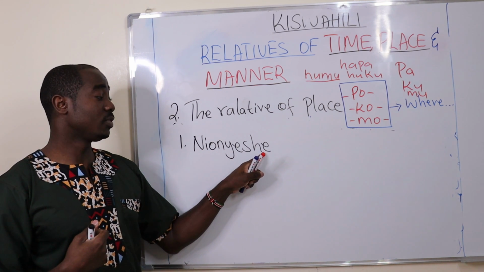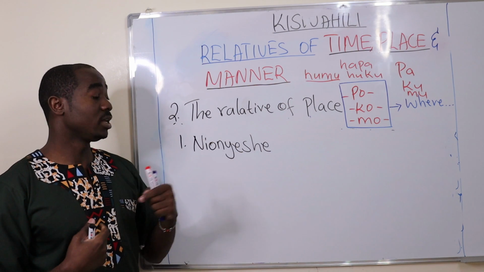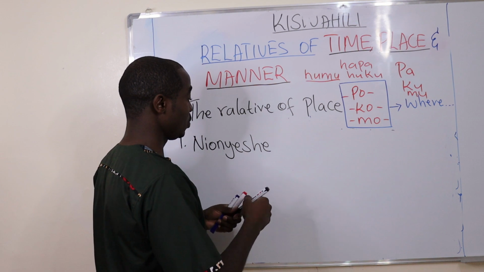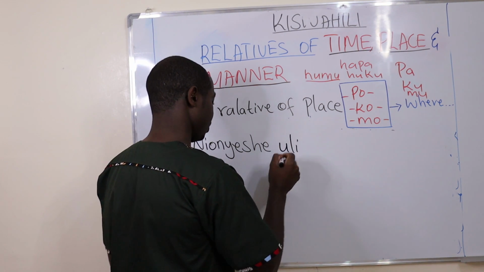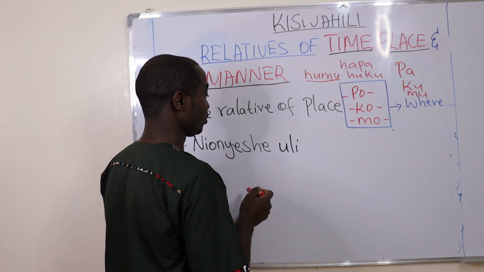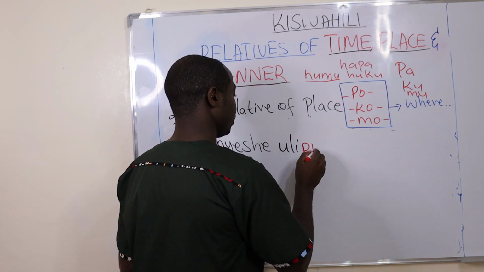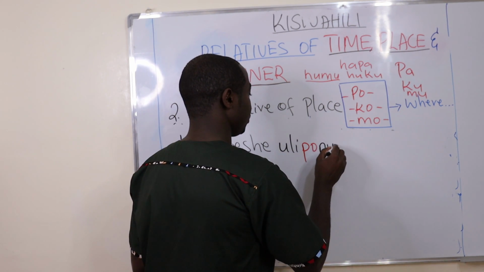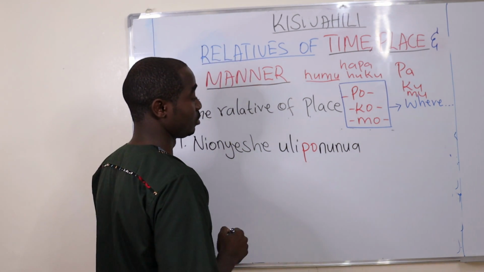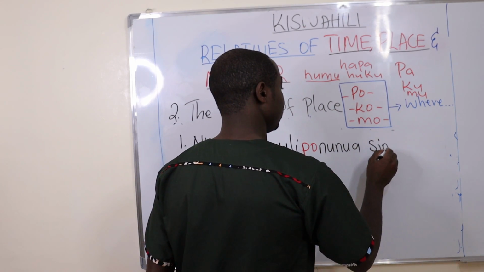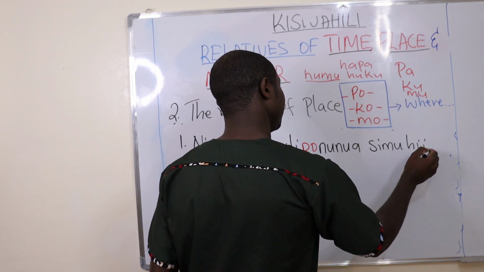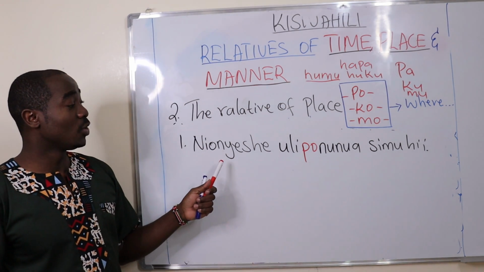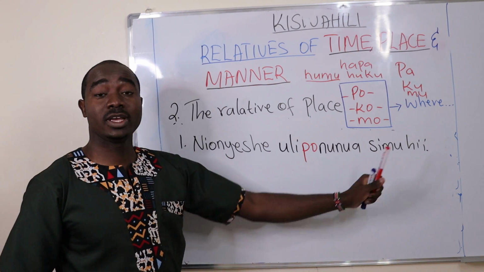When it's subjunctive, this a changes to e. Nionyeshe. Nionyeshe ulipo. Nionyeshe uliponunua simu hii. Show me where you bought this phone.